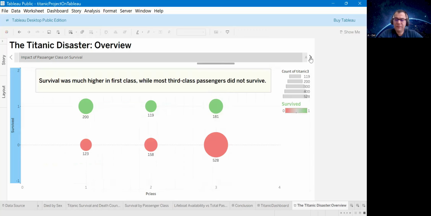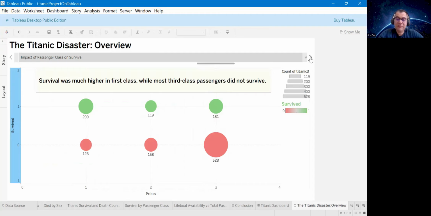Also looking at class, we have 3 classes: first class, second class, and third class, which is the place where all passengers were at the moment when the disaster happened.